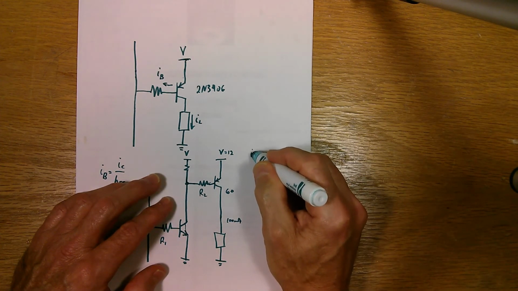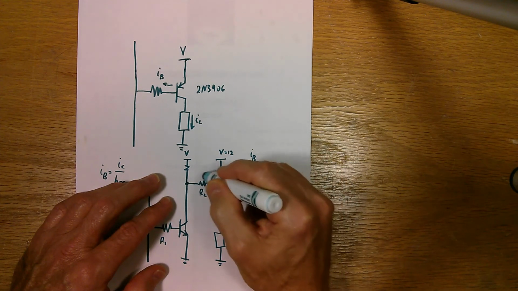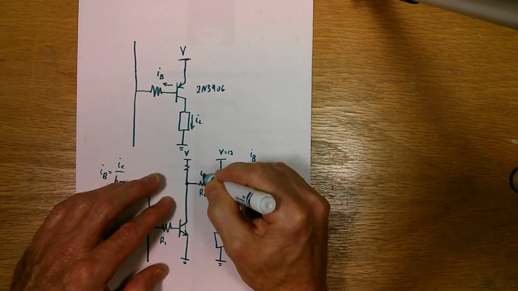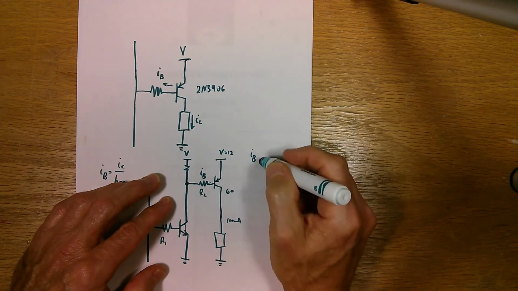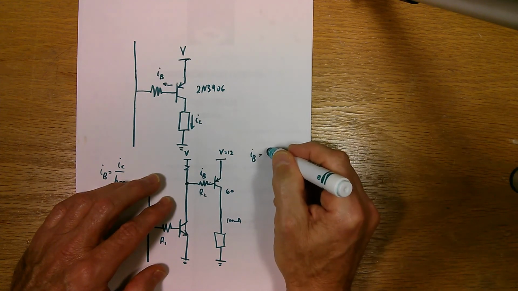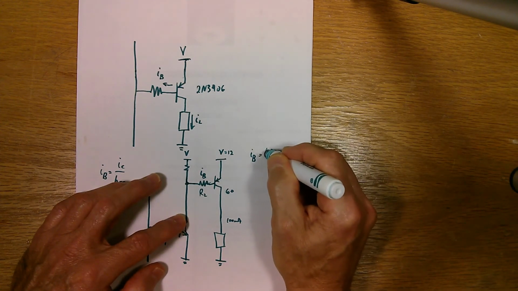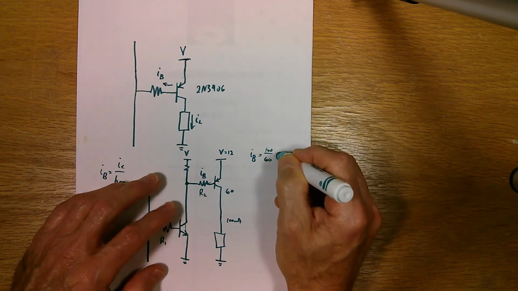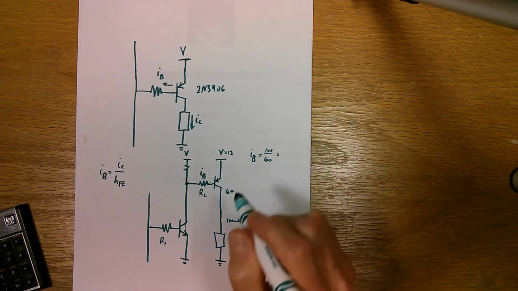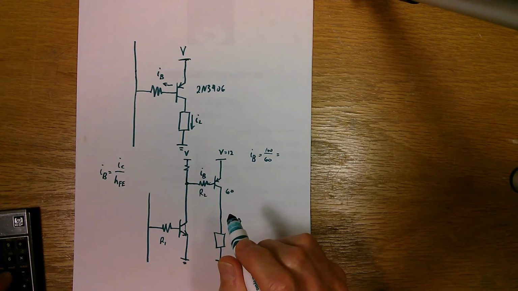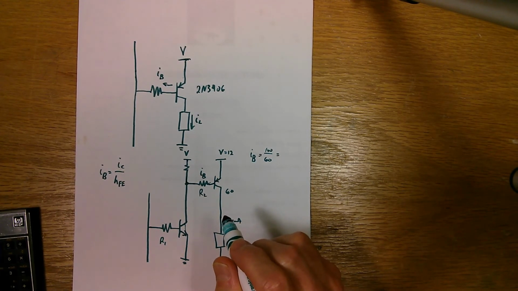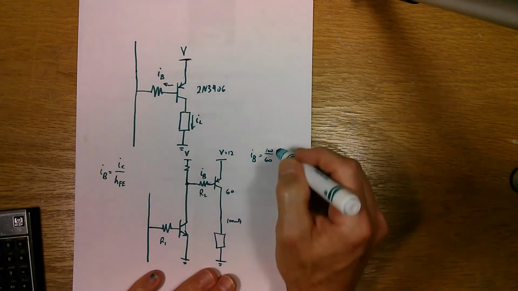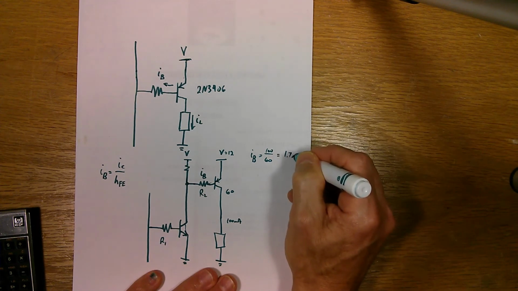So our IB for this transistor here will be 100 milliamps over 60. I'll just punch that in my calculator, can't do it in my head, and it will be 1.7 milliamps.